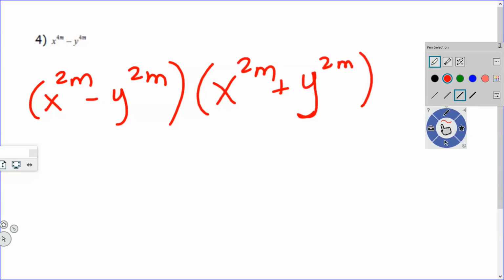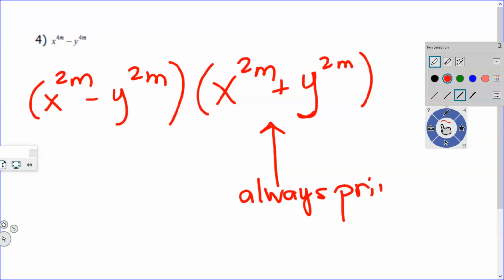All right. So, 2 things. You can never, ever factor a sum of 2 perfect squares. That's always prime. Because we are factoring with real numbers only.